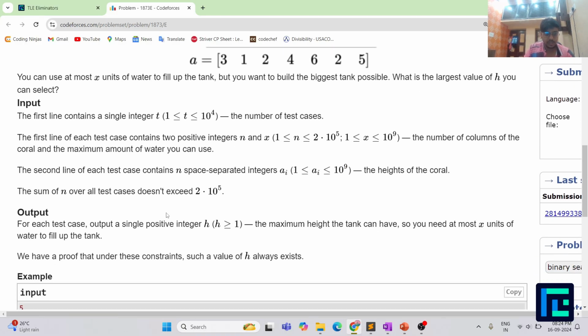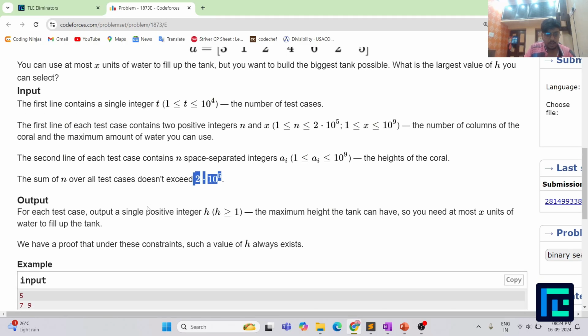They have also mentioned that the sum of n over all the test cases does not exceed 2 times 10 to the power 5. So what you need to output? You need to output a single integer h, that is the maximum height the tank can have, such that you need at most x units of water to fill up the tank. And it is guaranteed that under these constraints such an h always exists.